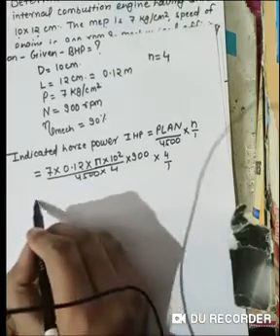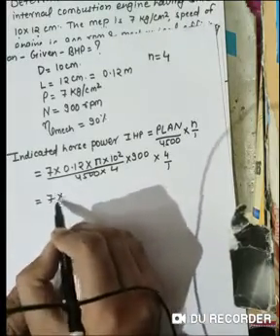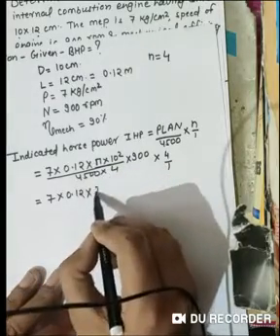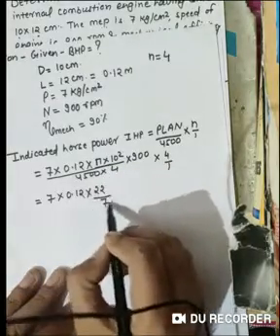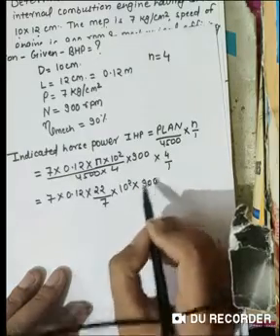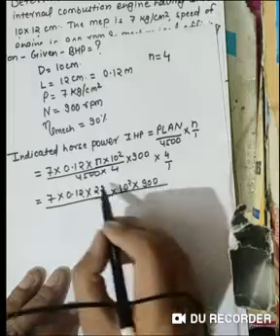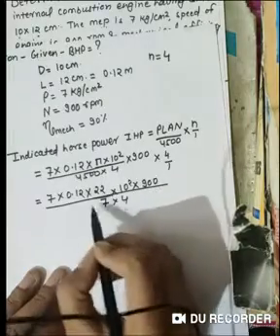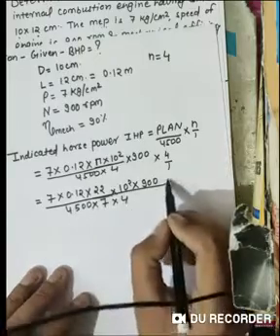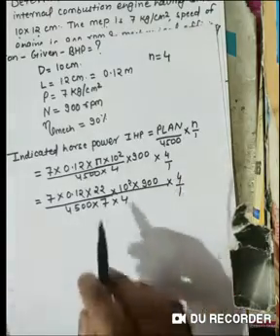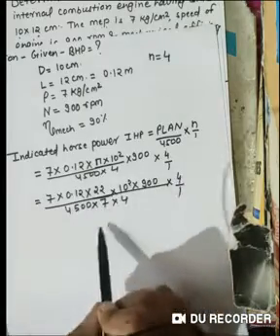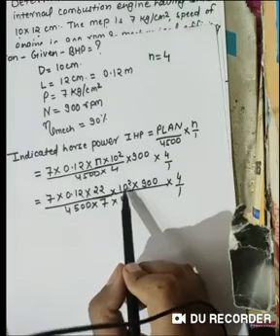So here 7 multiplied by 0.12, the value of pi is 22 by 7 into 10 to the square into 900, divided by 4 and 4500, into 4 by 1. So firstly we will multiply the numerators, then the denominators. So 10 to the square is 100.